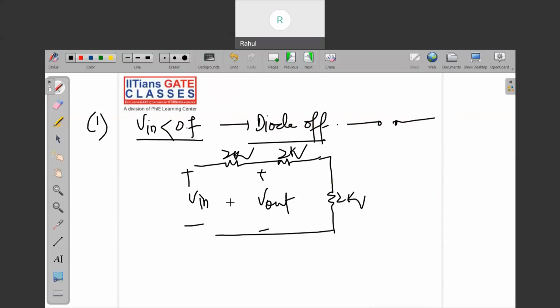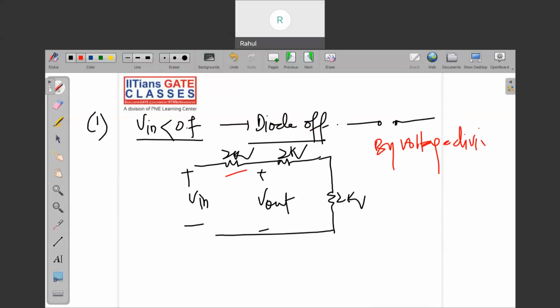So you can compute the gain now. How can you compute the gain? You can say this is 4k. So you have to find the total voltage across 4k, and all are in series, so you can apply voltage division.